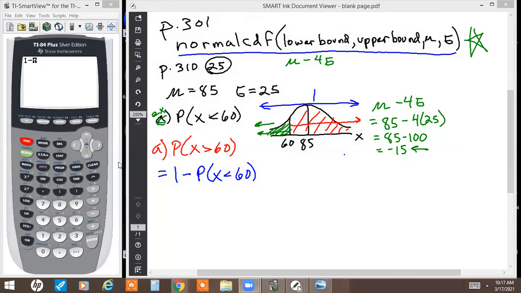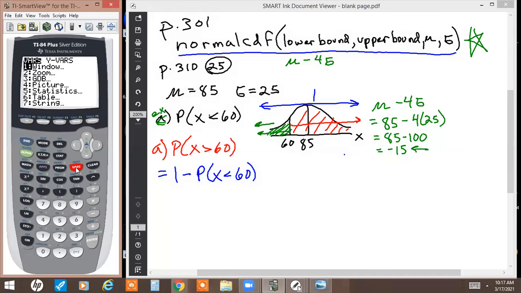All right, so the way that I did it in blue here, you could do 1 minus and then second distribution, option number 2. And then we can treat this like we did the probability that it was less than 60.